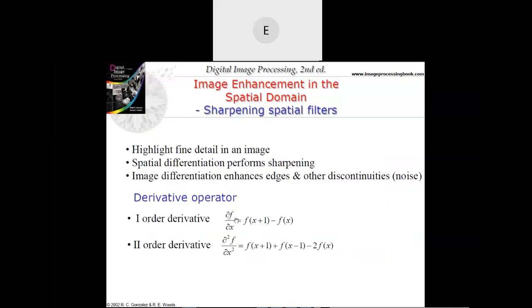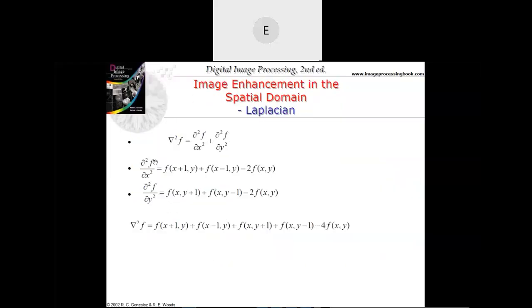What I explained here is for one dimension, but we have to do it for two dimensions. If it is for two dimensions, you do the differentiation both along the x direction and along the y direction, and of course here we are doing second order differentiation. Do it once along the x direction, a second time along the y direction, and then add them, and you will get the difference image.